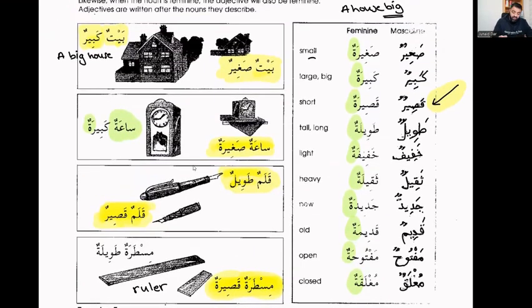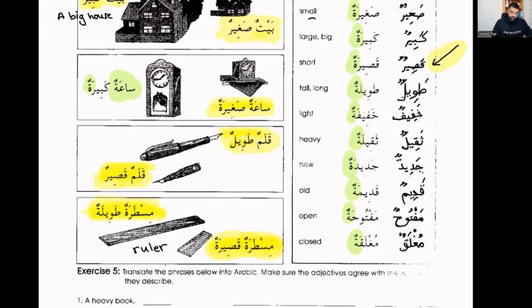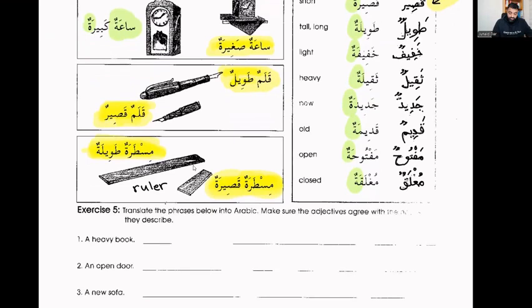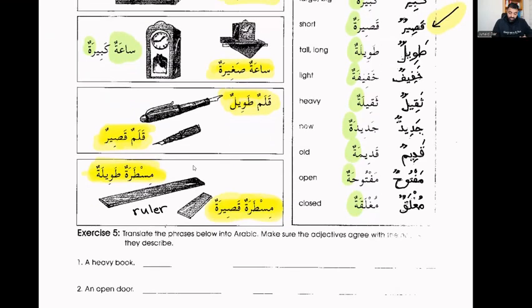And then the opposite of that, what's that at the top here? Mistaratun tawilatun. Yeah. And how would you translate that? Ruler big. A tall ruler. Tall ruler. Okay. Yeah, or a long ruler.